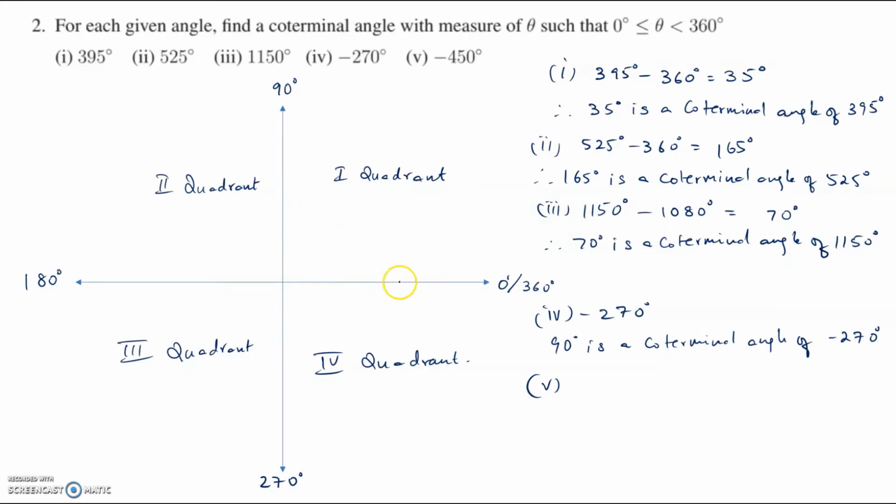Then minus 450 plus 360 would be equal to minus 90 degrees. So minus 90 degrees would be exactly 270 degrees. Therefore, 270 degrees is a coterminal angle of minus 450 degrees.